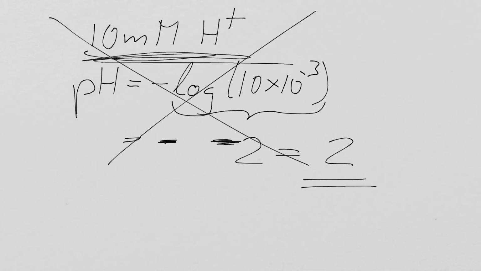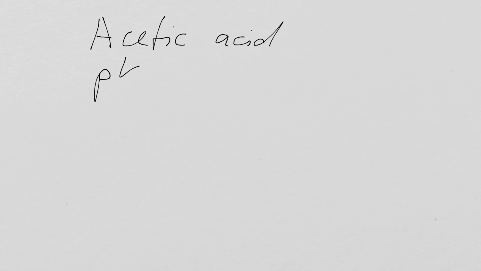Let's do a little example for that. We have acetic acid. That's what you put on your chips. Acetic acid has a pKa of 4.75. Strong acid or weak acid? It's fairly weak. Yeah? It's not terribly strong.